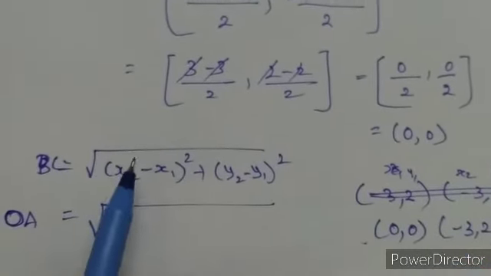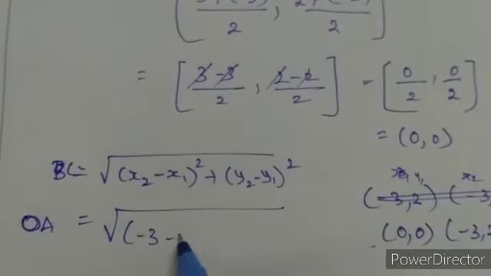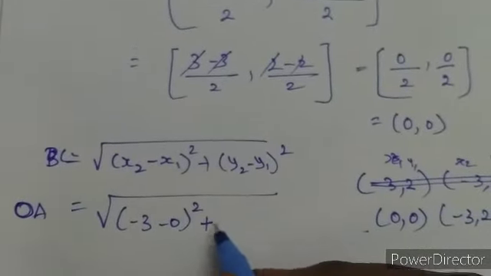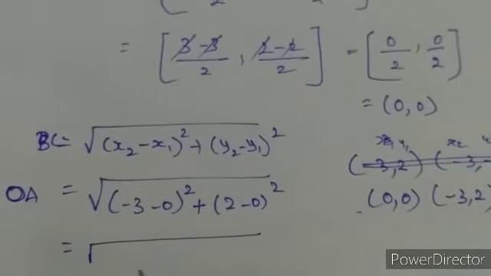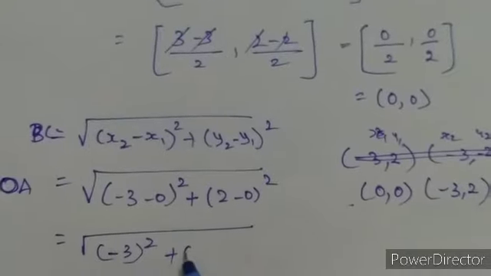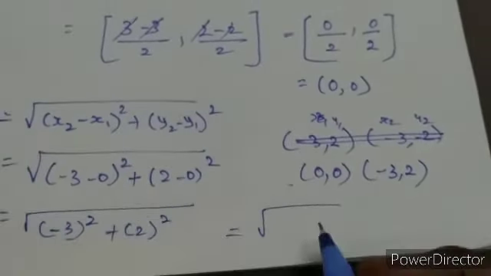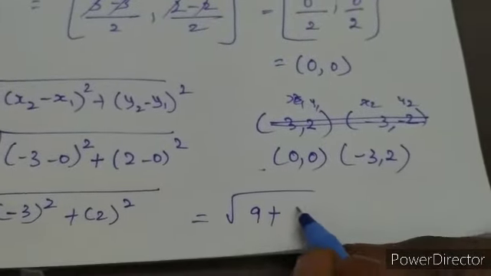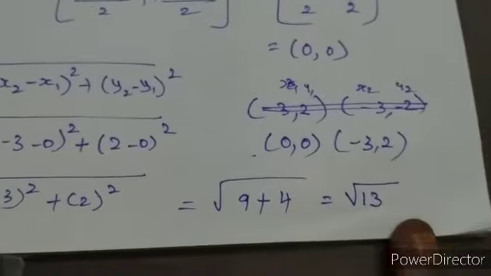This I am going to substitute in the distance formula. So -3 minus 0 whole square plus 2 minus 0 whole square, that equal to -3 whole square plus 2 whole square, minus into minus, plus 3 into 3 is 9, plus 2 into 2 is 4, which is equal to root 13.